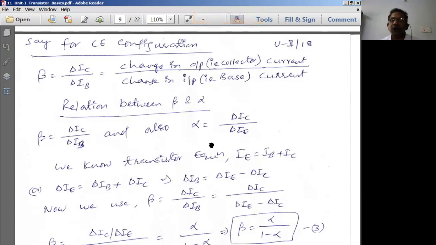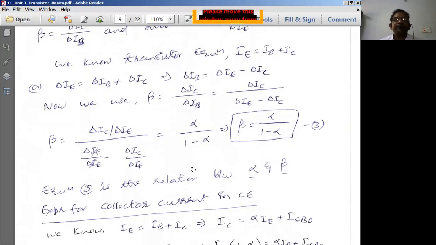Also, alpha is for common base configuration. When base is common, the output current is IC and the input current is IE. So alpha is equal to delta IC by delta IE.